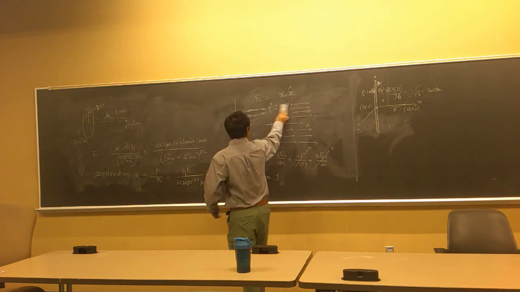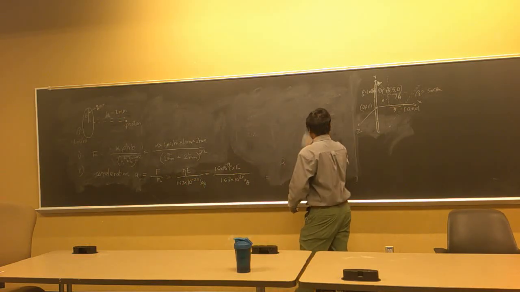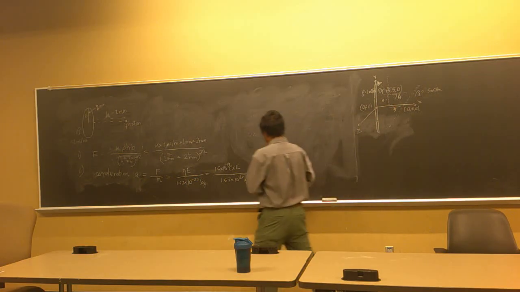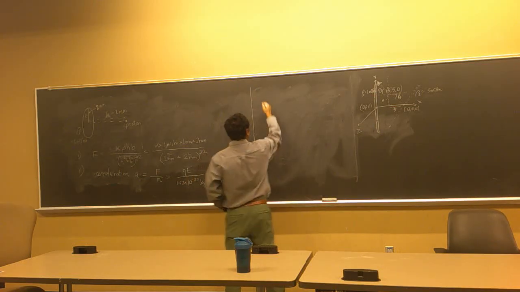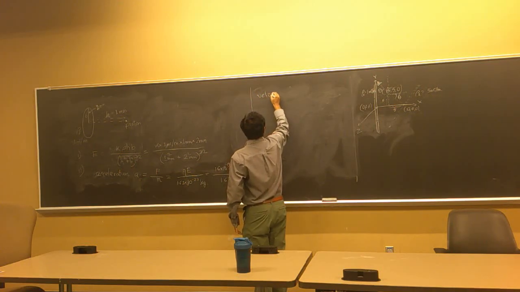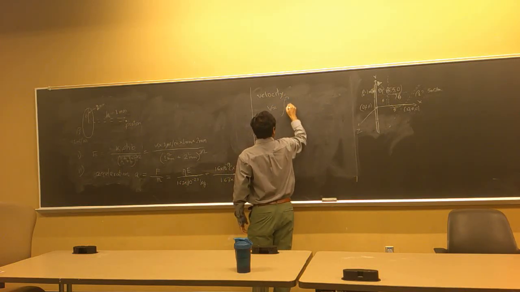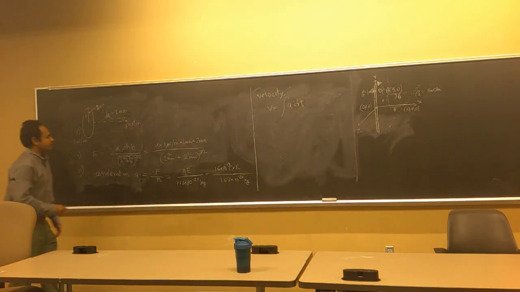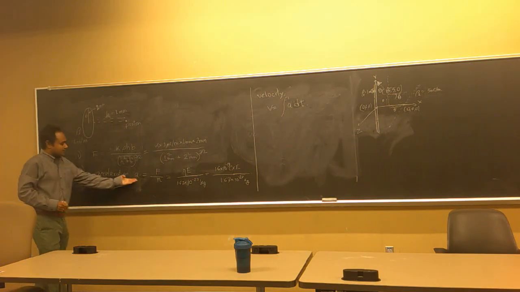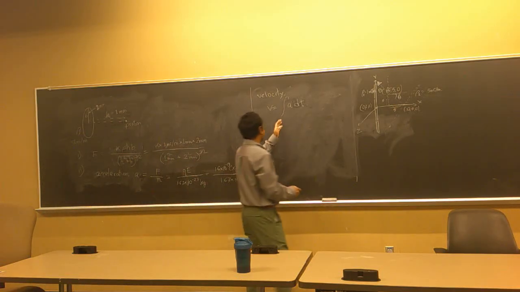So let me erase this. To calculate the velocity of the proton, we can utilize the fact that the velocity of the proton is an integration of acceleration over time. Now, in this particular case, acceleration is going to be just a fixed number, right?